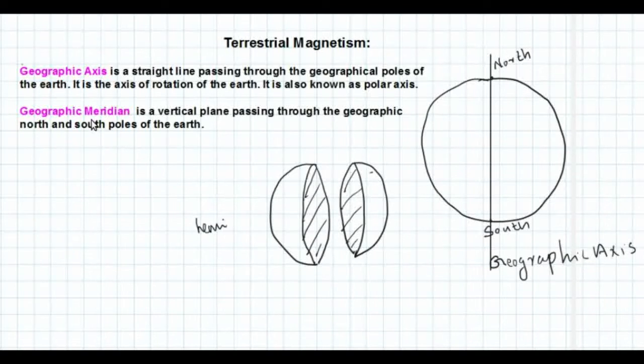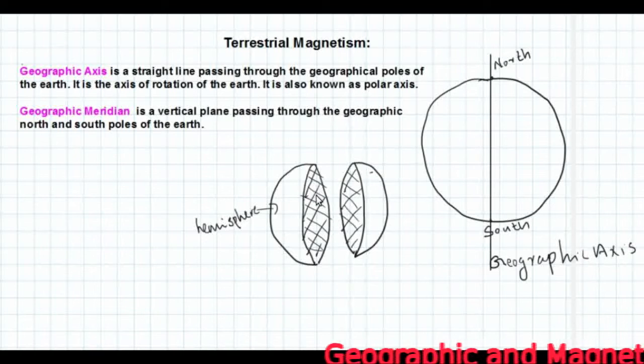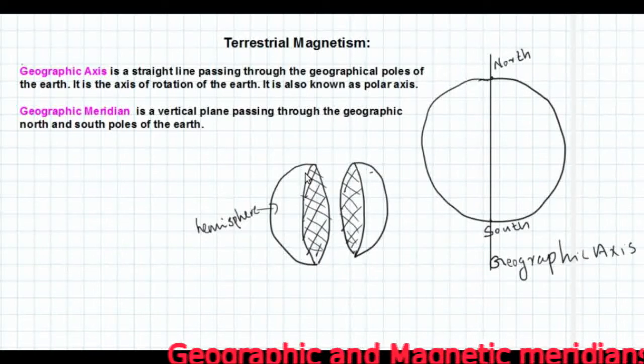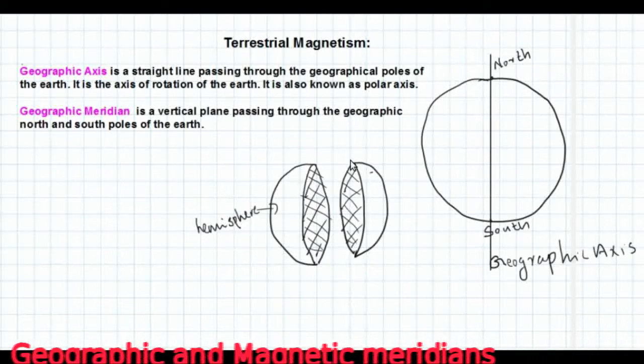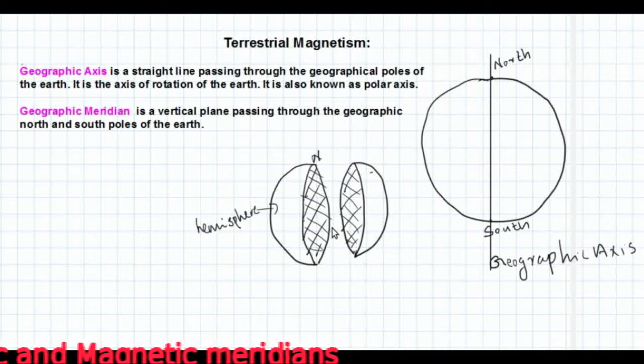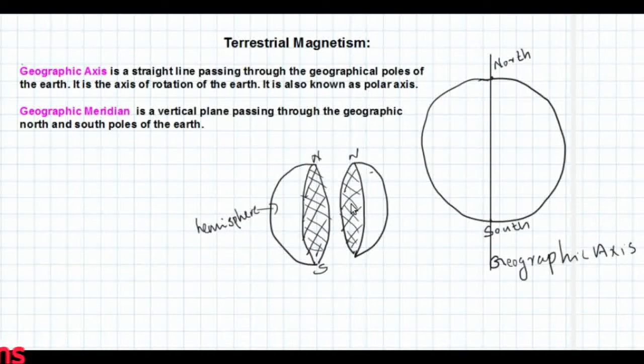From the definition, the geographic meridian is a vertical plane passing through the geographic north and south poles of the Earth. So this is the point of geographic North Pole and South Pole, and this plane is passing through them. So these two planes actually represent the geographic meridian. This is how you can visualize or imagine the geographic meridian.